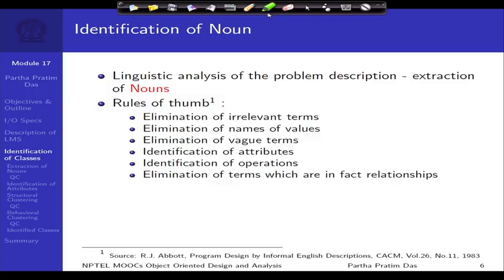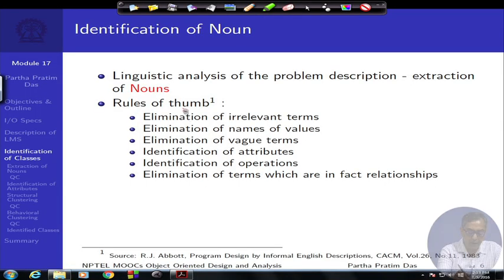You parse the description in terms of parts of speech, and then based on the parts of speech you try to identify concepts, and then you start relating them. If the noun is the major part of speech, then our approach would be to identify nouns, which is the easiest to identify, and then eliminate irrelevant terms, and you will find a lot of nouns which do not have a sense in this whole thing.